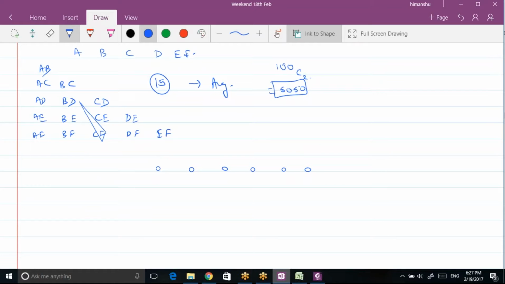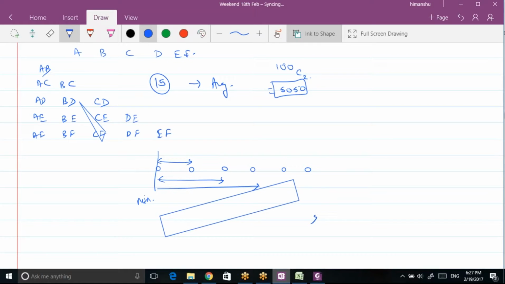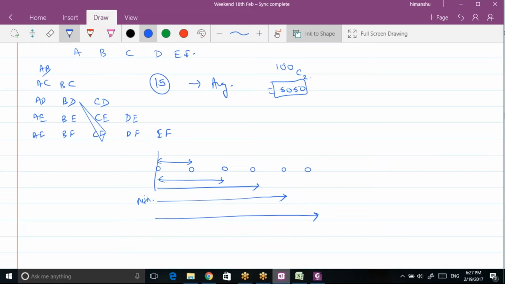First fix, let's say I'm measuring everything from the minimum. So measure this distance, this, this, this, and this. So this time you have to measure only 5 distances and take the average.